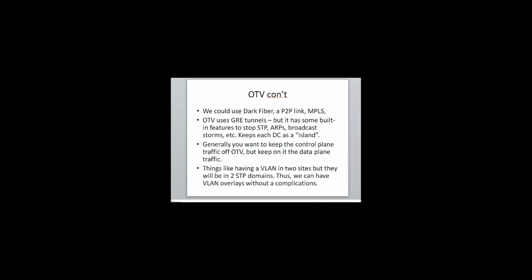But as you can take a look at that INE article, OTV uses GRE tunnels, but has some built-in capabilities already made with GREs to stop, for example, ARPs, broadcast storms, and keeps each data center as an island. So all these little problems that we had previously get solved with OTV.